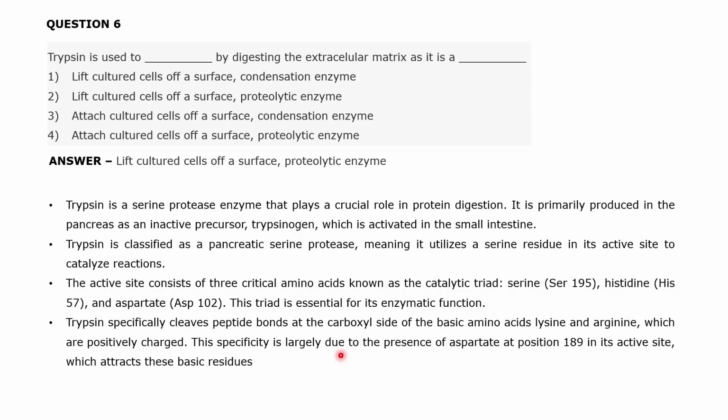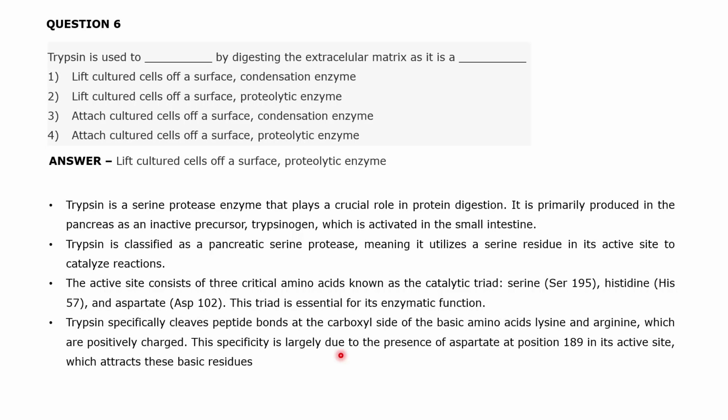Because it can act on certain extracellular matrix proteins, it is used as a degrading agent for the extracellular matrix, so that it can lift off the cell culture attached to the extracellular matrix proteins, making it free. So if you want to do any passaging, or a phenotypic reaction or any experiment afterwards, you can do that. So that's the basic role of trypsin.